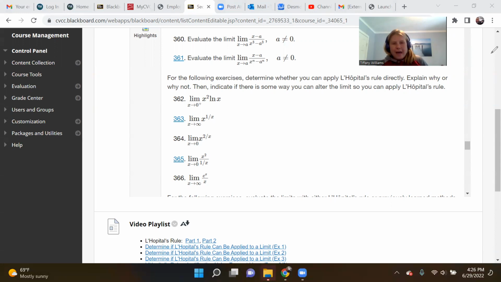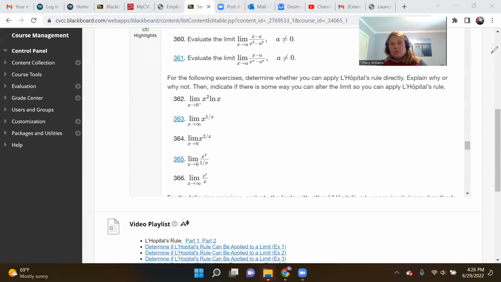Now, we cannot apply L'Hopital's rule to this one directly. If you notice with L'Hopital's rule, you had a function over a function, right? This is not the case. I have a function raised to a function. This is a composition.